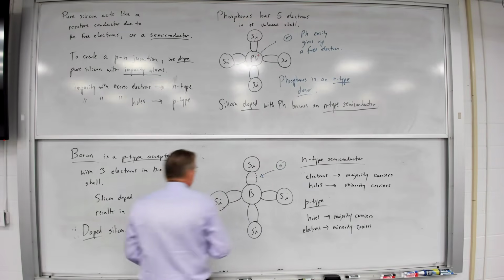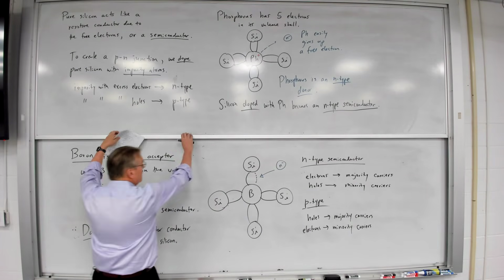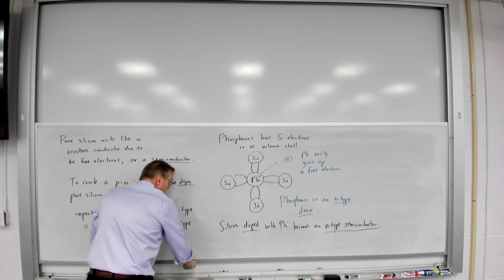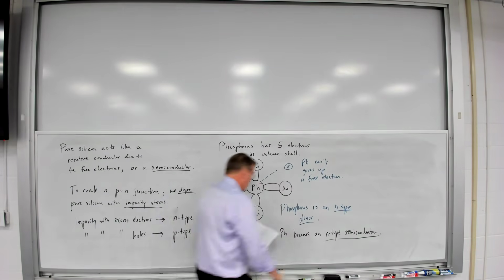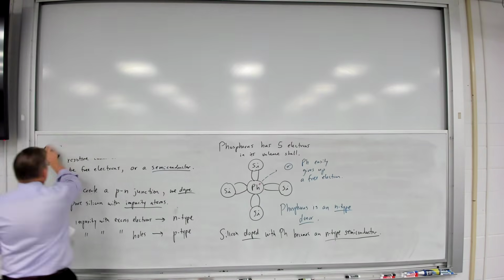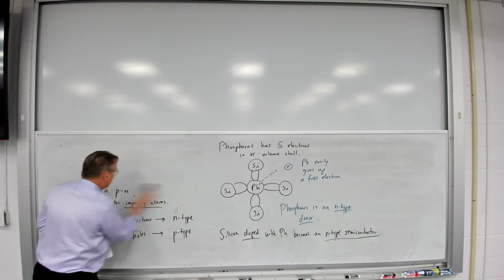Okay, so given this, let us now create a p-n junction. Let's take an N-type and a P-type material and let's push them together.